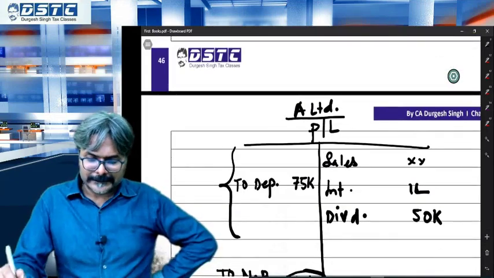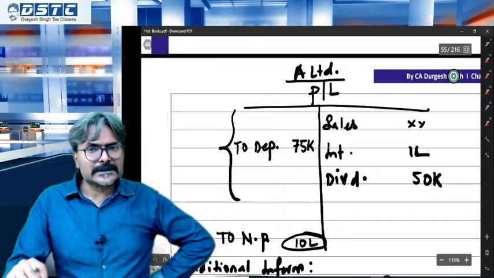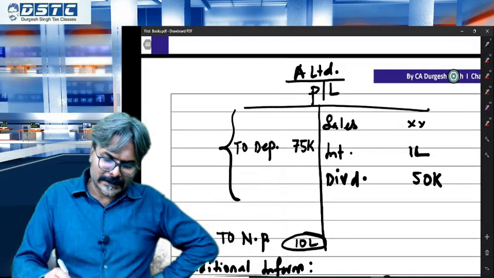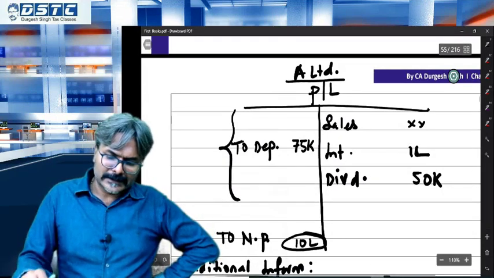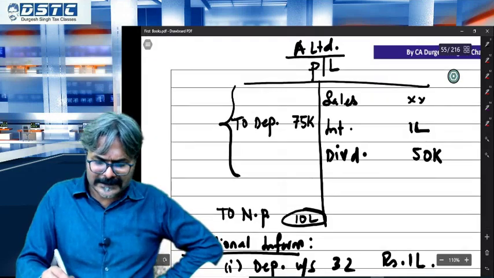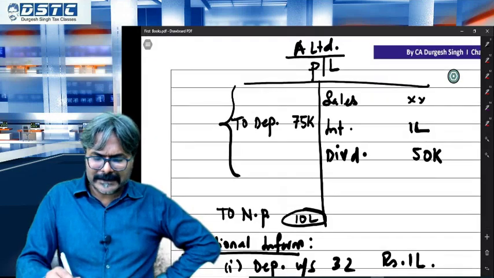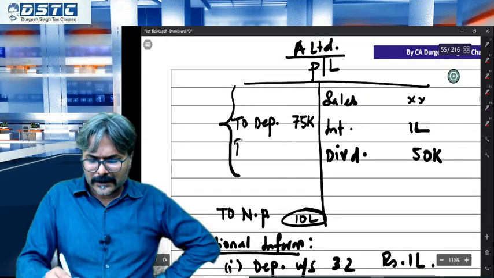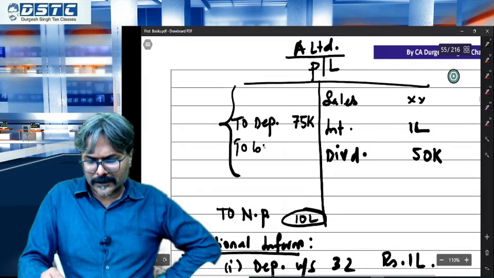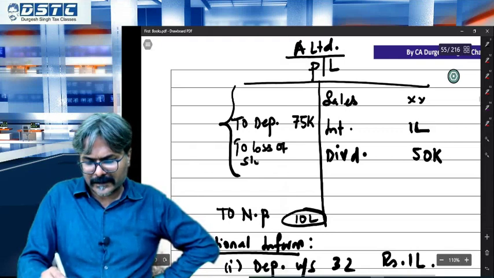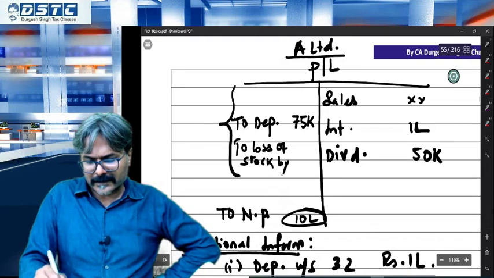So students, here, to depreciation 75,000. In this context, if there is a debit of loss of stock by fire, a debit entry of, say, rupees 2 lakhs.